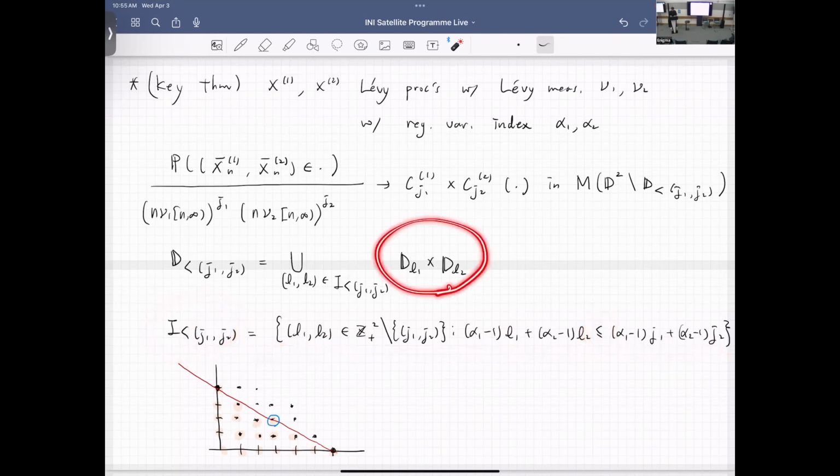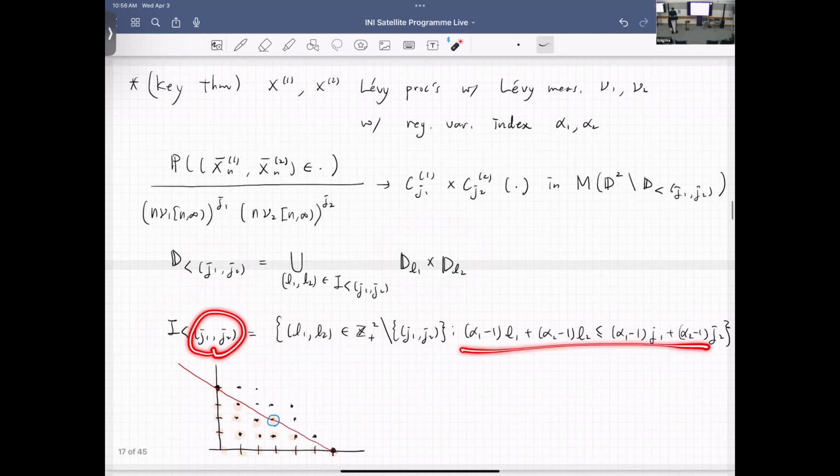So these are pairs of step functions that have less cost than J1 and J2. However, J1 and J2 satisfy this, but you subtract that. You exclude that.